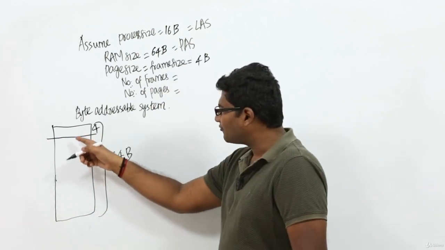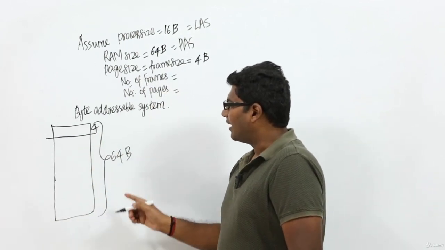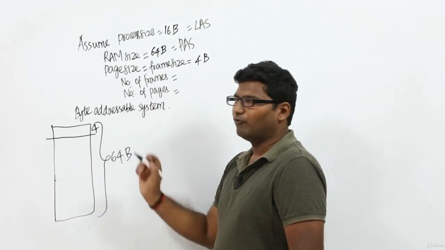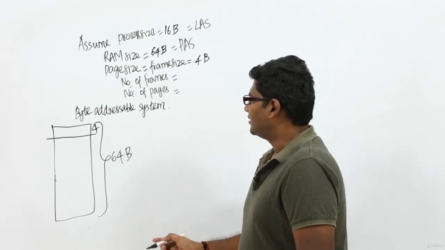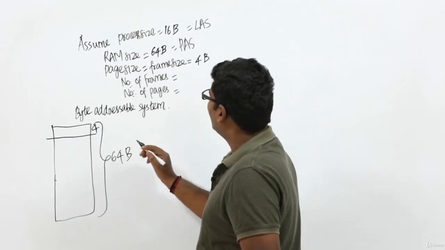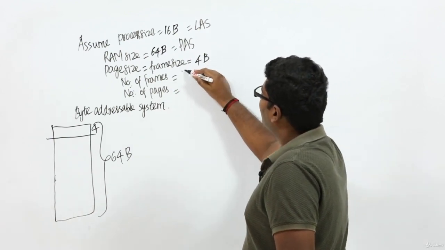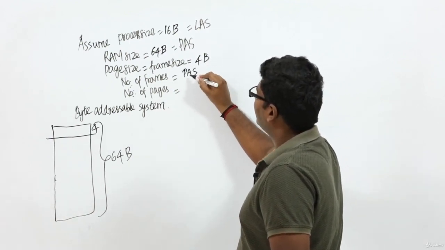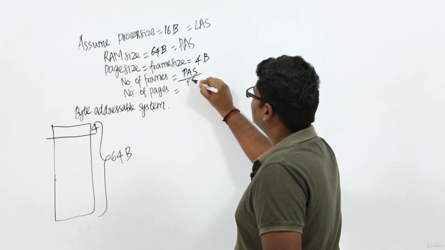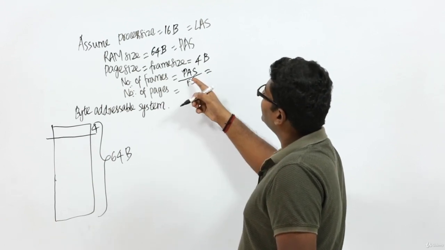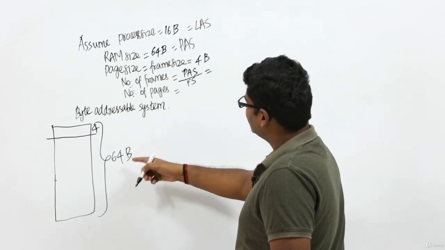Now, how many such frames will be present here? That is nothing but 64 divided by 4. So number of frames is equal to physical address space divided by frame size. Physical address space is nothing but 64 bytes.